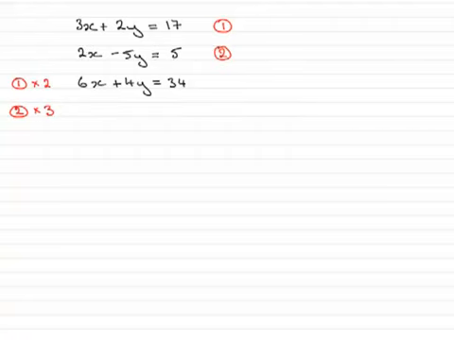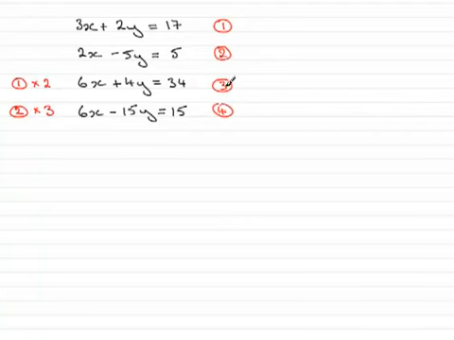So we get 3 lots of 2x, which is 6x, 3 lots of minus 5y, which is minus 15y, and that is equal to 3 lots of 5, which is 15. So I now have 2 new equations, which I number next as 3 and 4.